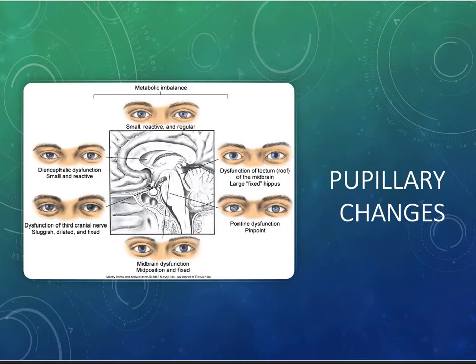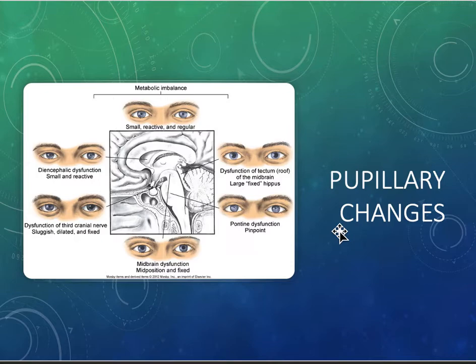If both of them are the same, then we're talking about something that is global, or perhaps something that is not related to a lesion per se, but maybe a drug, for example. So metabolic imbalance there at the top there.